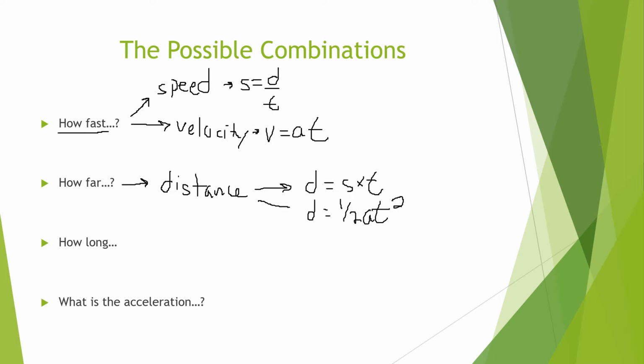And again, the differentiation is going to be acceleration. One of those equations has an acceleration, one does not. If you do not have an acceleration, you use the speed times time. If you do have an acceleration, you have to use the 1/2 at squared. Now, where it gets a little tricky is the how long. How long means you're looking for time.